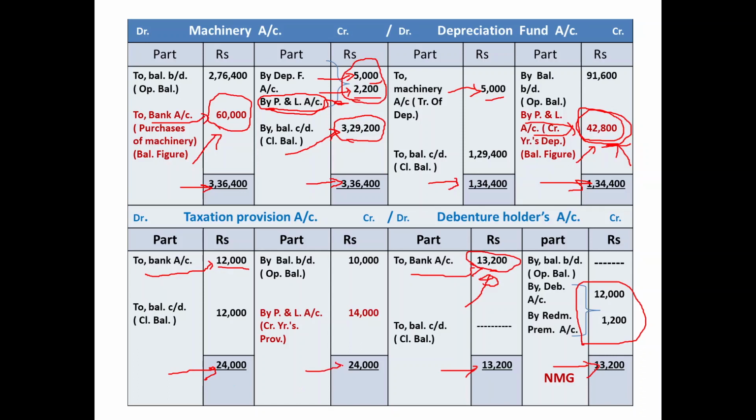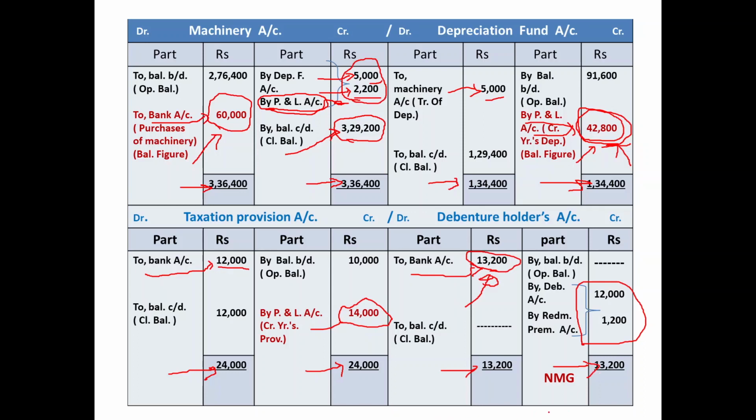Put it on the credit side, 24,000. That gives the balancing figure on the credit side, 14,000. It is nothing but the current year's provision for which the journal entry would be profit and loss account debit to income tax provision account credit. So two transactions are there. One is payment 12,000. Another is the current year's provision 14,000.